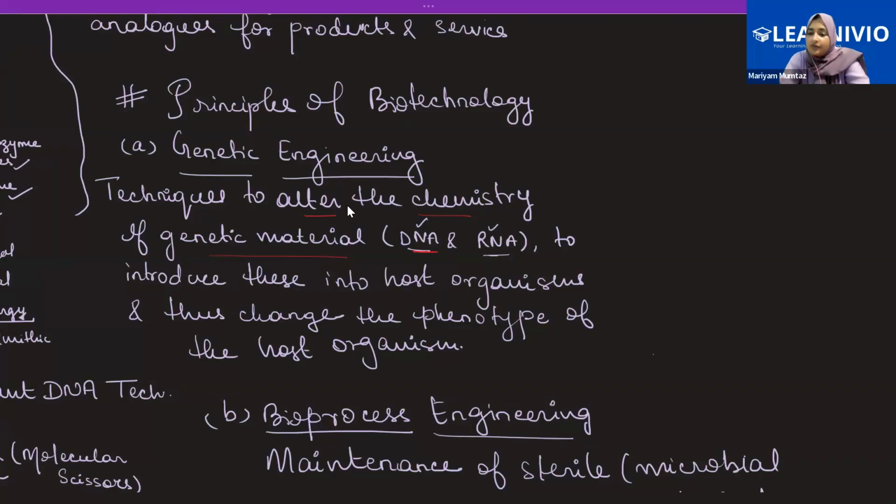Alteration could mean subtracting something, alteration could mean addition of something, or both, subtraction and addition. When you alter the chemistry of the genetic material, change it, and put it into the host organism, and now you want to see how the host is reacting to that change, that is genetic engineering.